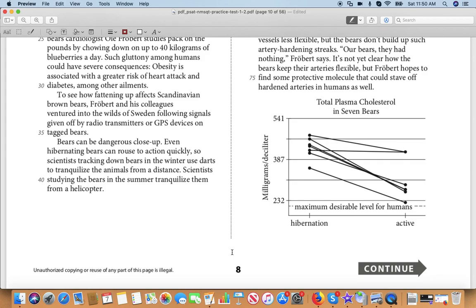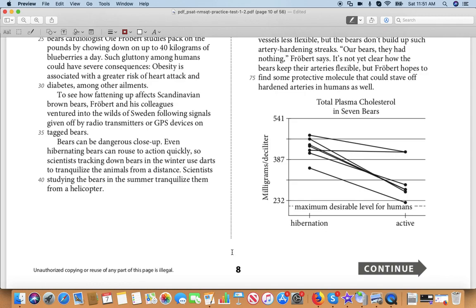That's not super clear, but milligrams is going to be an amount of mass, and then deciliter is volume. So it's a unit of density. Okay. And that ranges from like 230 to 541. Then the x-axis going left and right. Yes. So that is maximum desirable level for humans on the left side. That's not the x-axis.